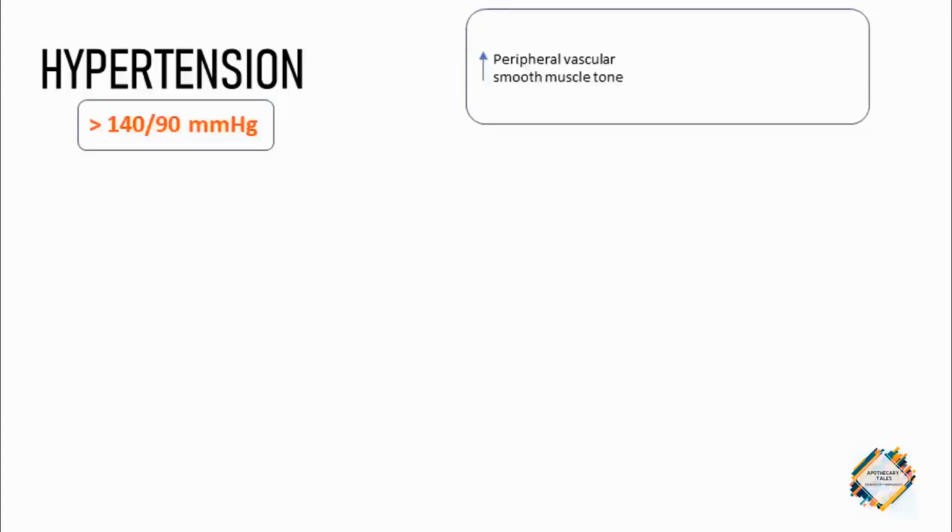In hypertension, the peripheral vascular smooth muscle tone is increased. When this gets elevated, the arterial resistance also gets elevated. At the same time, the venous system capacitance decreases. These are responsible for causing hypertension, that is, elevation in BP.